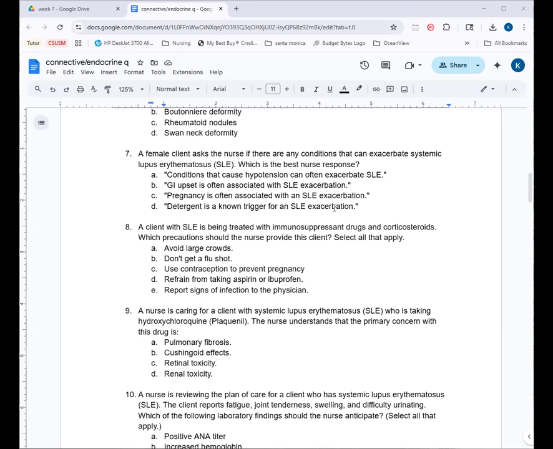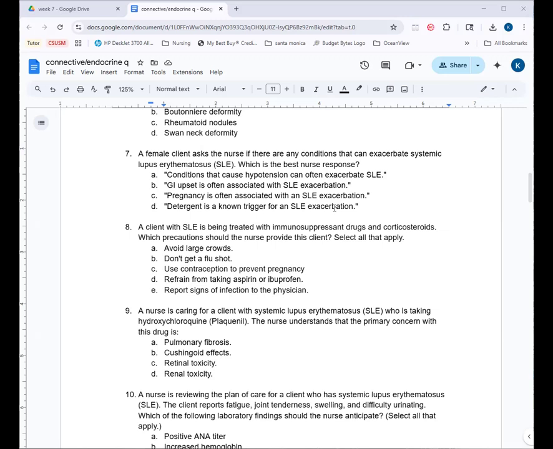So pregnancy is often associated with an SLE exacerbation. I told a short little story yesterday. It was, again, another offhanded comment. You guys are probably like, oh, she has so many stories. I know, I'm sorry. About the patient I cared for, I think it was 232, that was having a lupus exacerbation, and she just had a kid like a month prior.